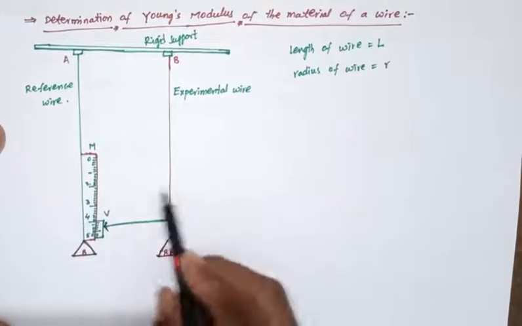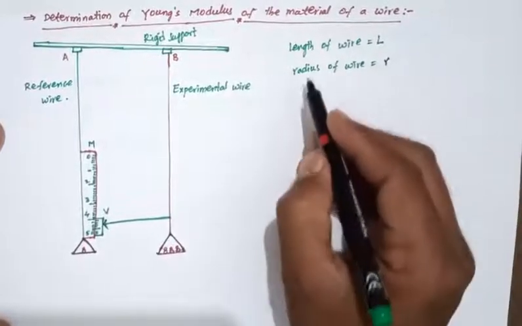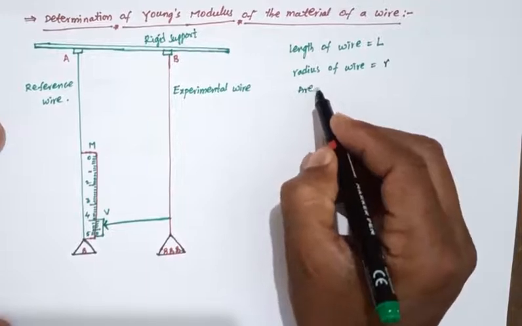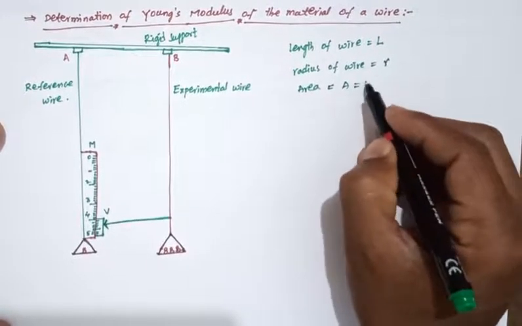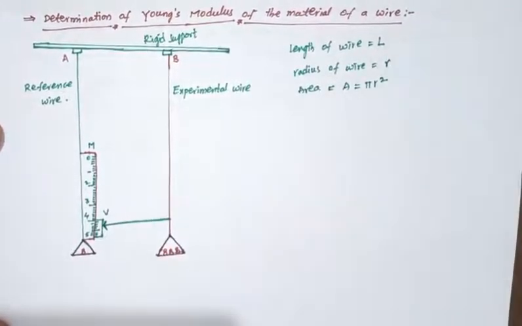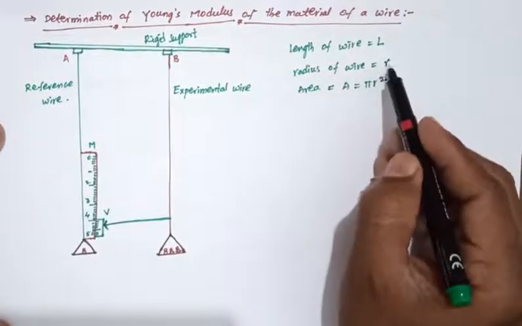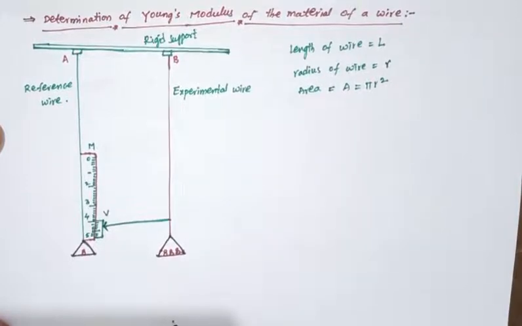In the experiment, first of all, this is the radius of the wire. So the area of the wire A equals what? Pi r square. This is the length. We can find the length using the meter scale, and the radius using the screw gauge.